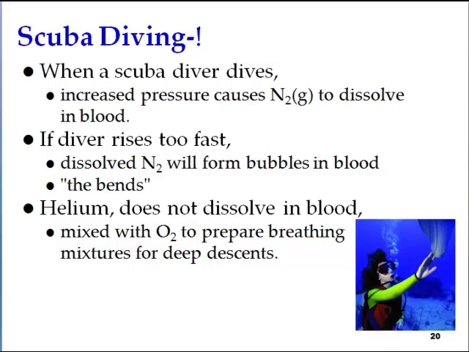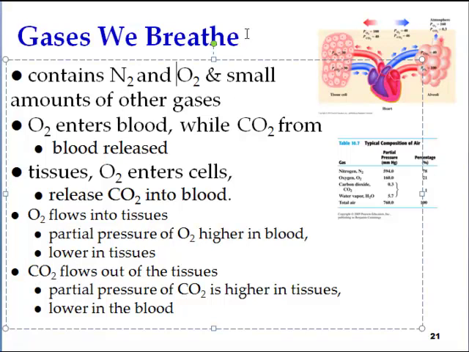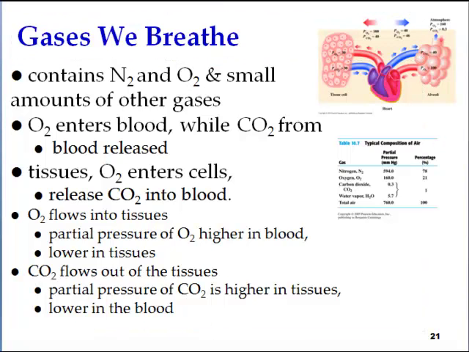Another scenario of the gases is the gases we breathe, which contain nitrogen and oxygen and a small amount of other gases. Oxygen enters while carbon dioxide is released. The tissues absorb oxygen and release carbon dioxide. Oxygen flows into tissues because the partial pressure of oxygen is higher in blood and lower in tissues.